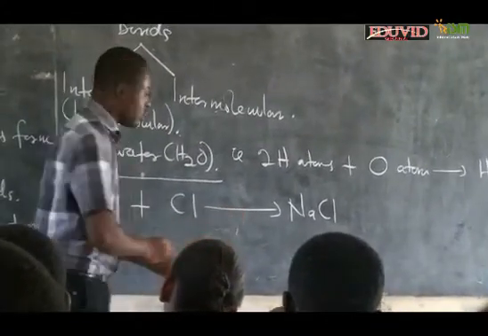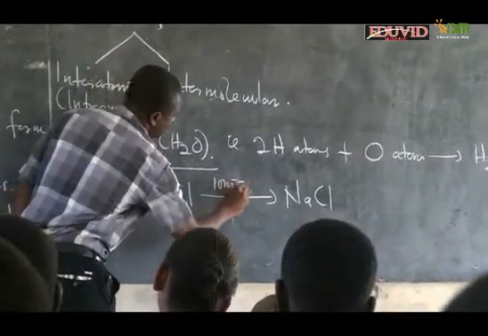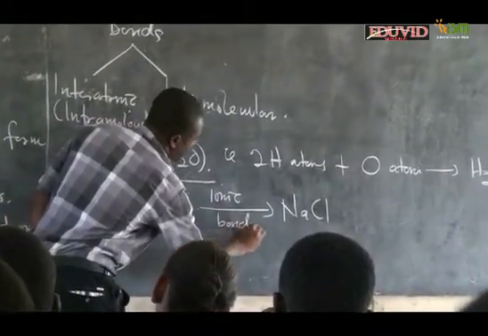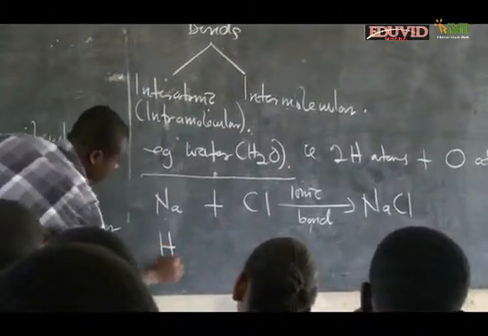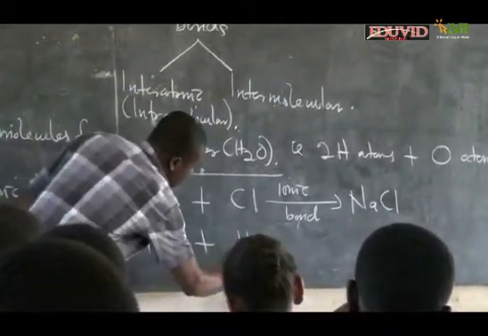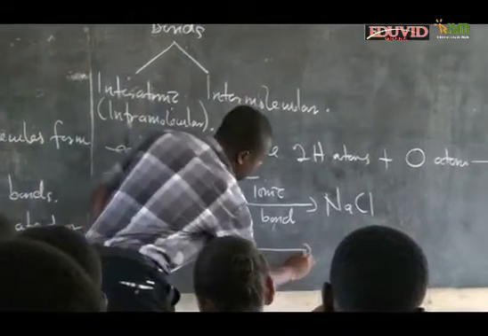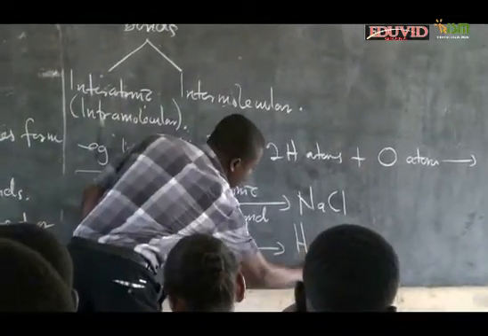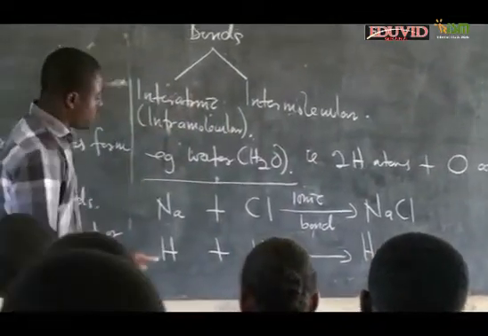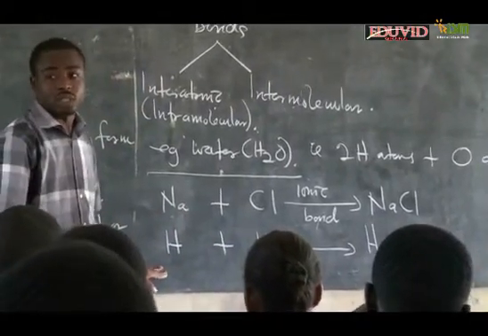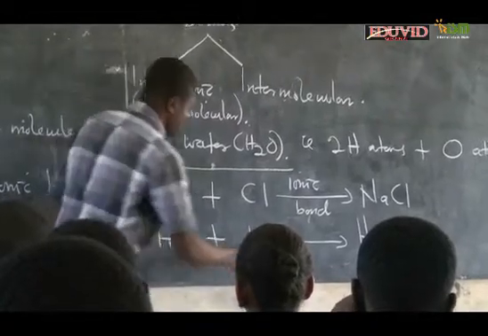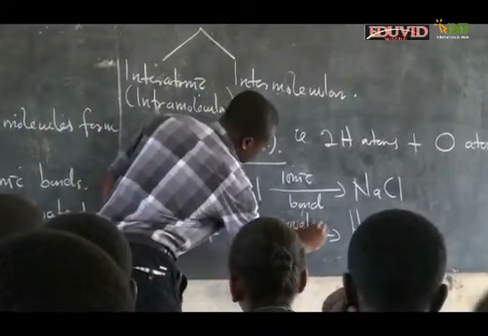So by ionic bond formation, you have the compound NaCl. If I have hydrogen and a hydrogen combining together, that will give me H2. Now, if these two species coming together are not ions, let's say they are atoms, in this case, what is formed is what we call the covalent bond.